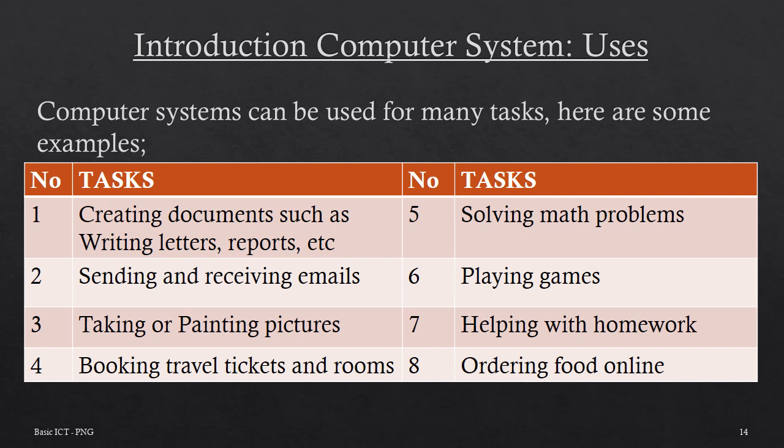You can use computers to book travel tickets and rooms. 5. You can use computers to solve math problems. 6. You can use computers to play games. 7. You can use computers to help with homework. And 8. You can use computers to order food online. As I said, these are just a few, but there are millions and billions of uses for computers.